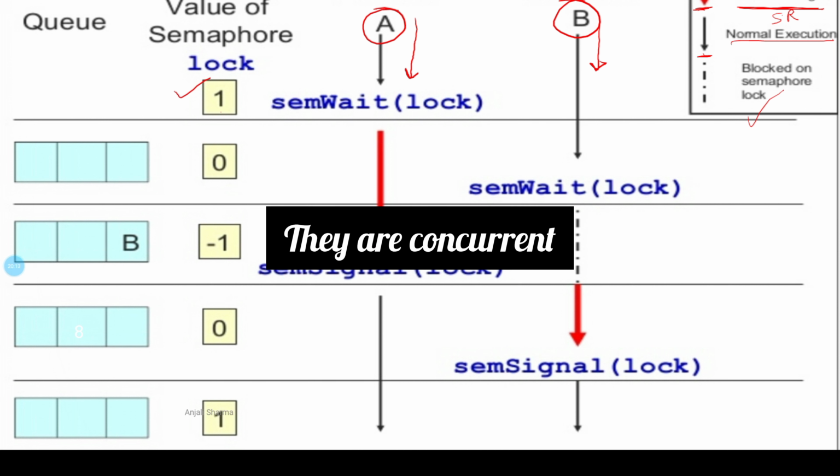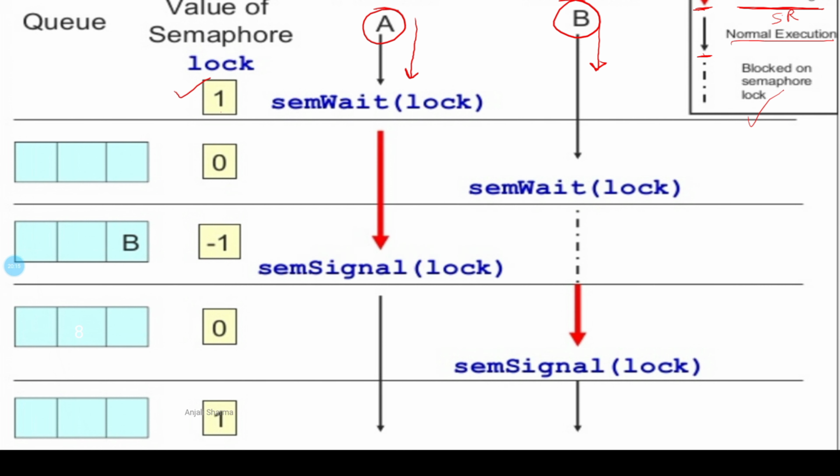During this execution, process A reaches its entry section. In the entry section, we have the wait operation. So it is performing wait operation on lock. Here lock is the name of the semaphore, as we can give any name to any variable.